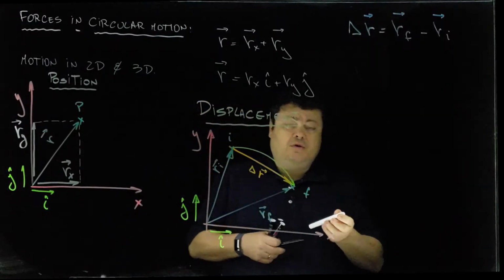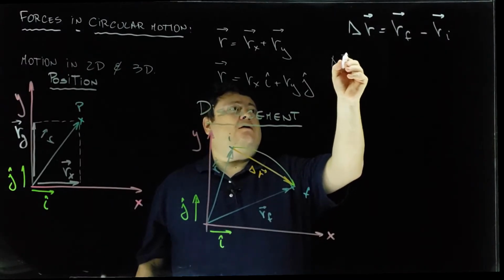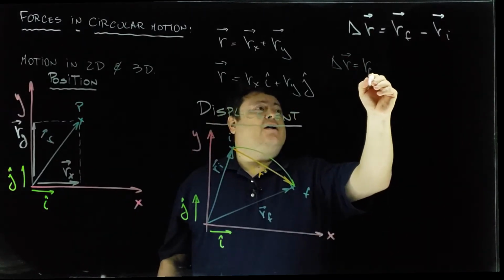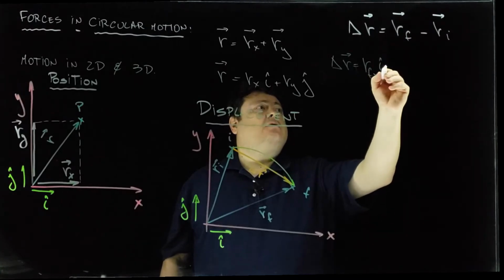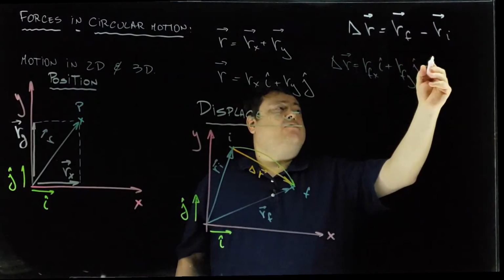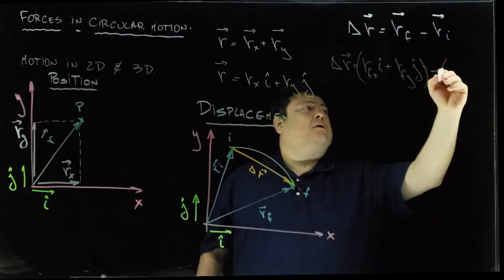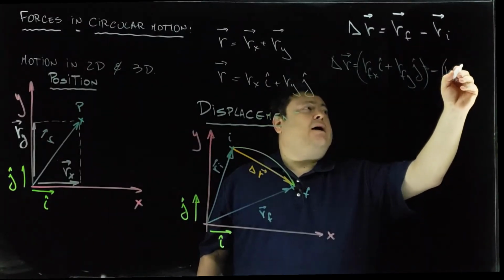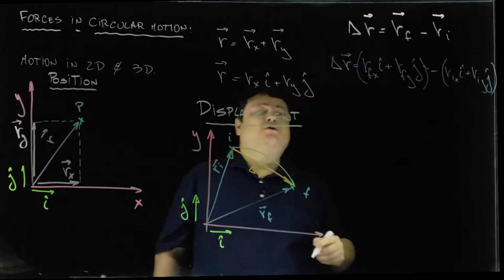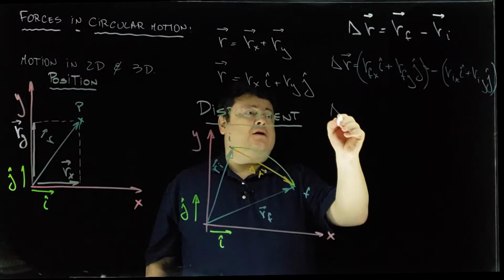In terms of components, we have that delta R is going to be R final x i hat plus R final y j hat minus R initial x i hat plus R initial y j hat. So this is my delta R in unit vector form, and then I can rewrite this in this way.